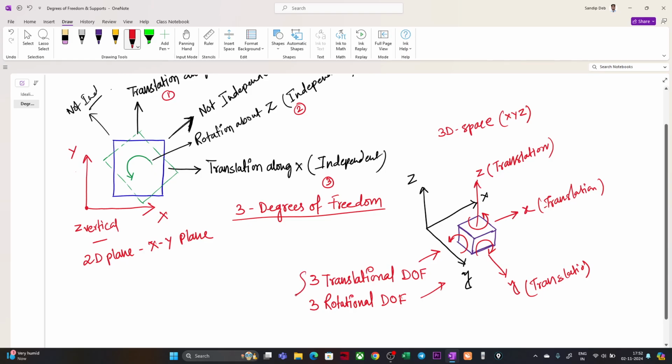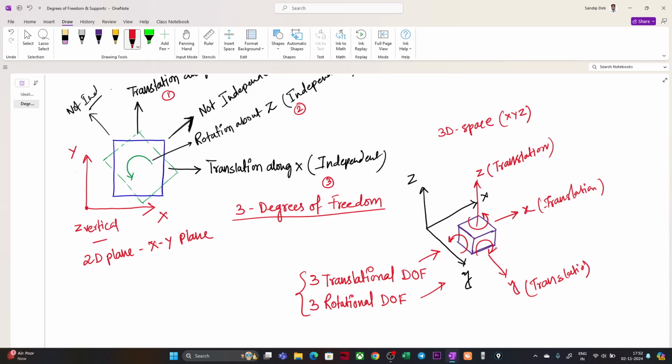So now in total, how many degrees of freedom do we have? We can define them independently. Like if we see rotation about y, we do not need x and z, right? If we say rotation about z, we do not need x and y, right? So three independent degrees of freedom, both in case of translation and rotation. Correct?